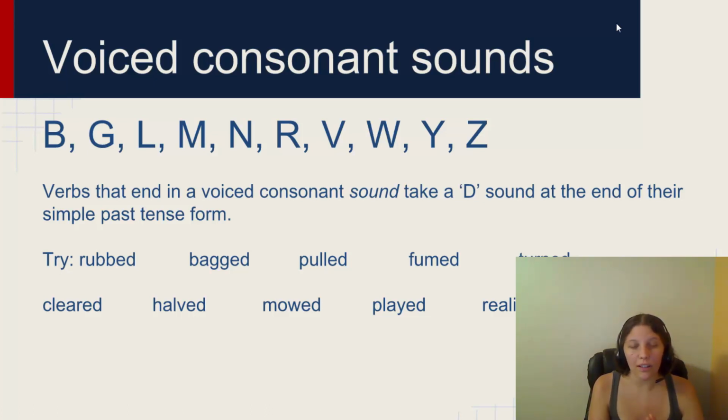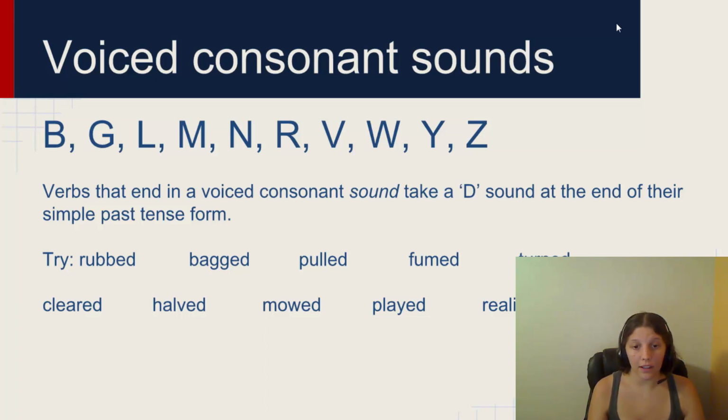What you need to do is combine the b and d sound, put them together. So it'll be like rubbed, bd, bd. So it creates that sort of strange consonant combination. If you add the e, people will still understand you, but it won't sound as good as when you say it correctly.